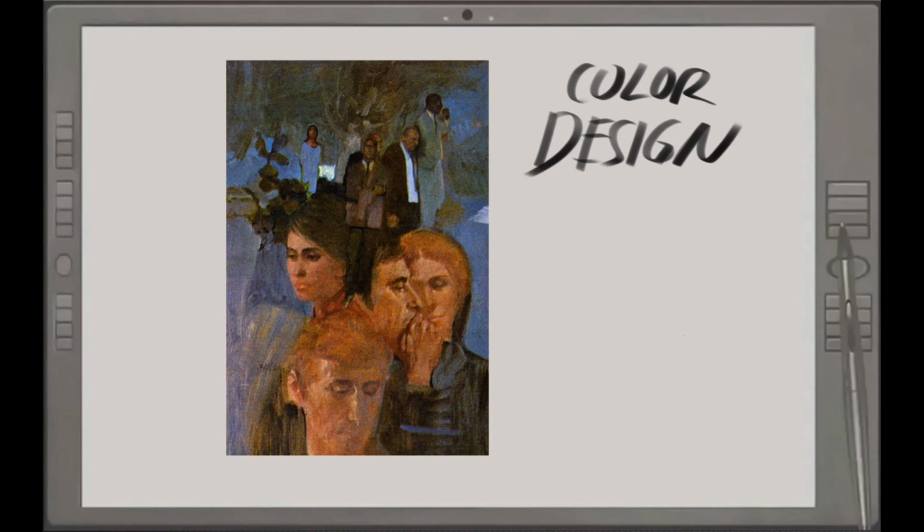In this painting, you can see that chiaroscuro is applied in a more subtle way. So what Baxter does, he doesn't create a strong contrast between the light side of the face and the shadow.